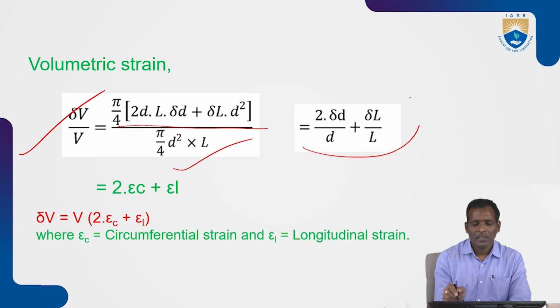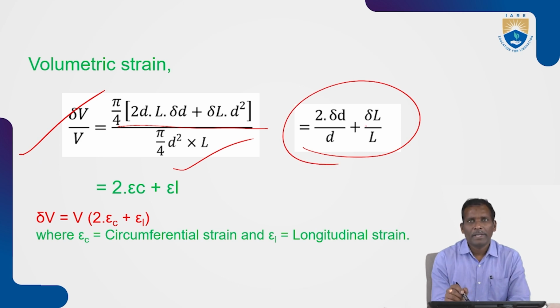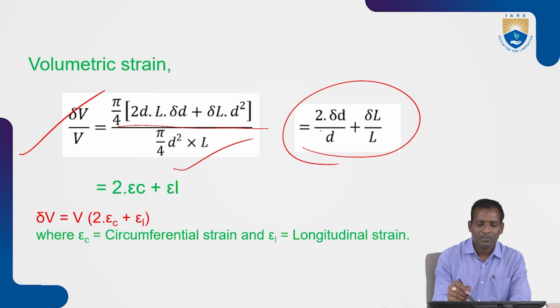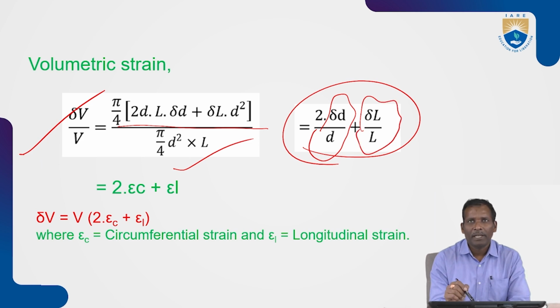So finally you will get 2 delta D by D plus delta L by L. So you can write this delta D, the change in diameter by original diameter, or change in length by original length, is called the circumferential strain and longitudinal strain. You can write 2 epsilon C plus epsilon L, the circumferential strain and longitudinal strain.